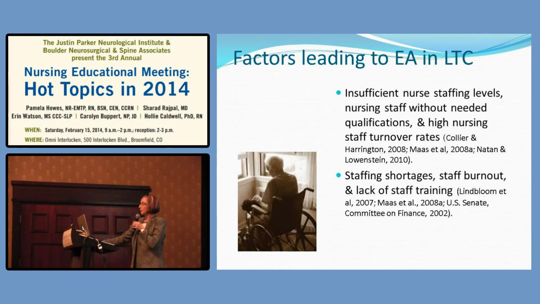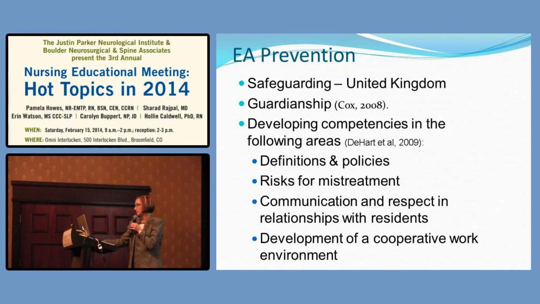In long-term care, we know that there are some things that are unique to that setting that lead to elder abuse, and that includes staffing problems, competency problems, turnover rates, burnout, and lack of staff training. Those are all things that continue to be issues related to abuse in those environments. For prevention, there's some fabulous material coming out of the United Kingdom about this idea of safeguarding.